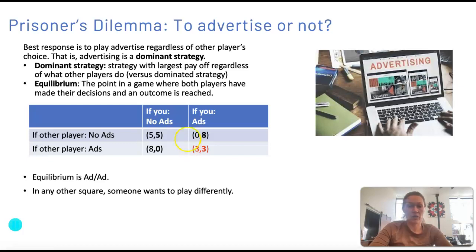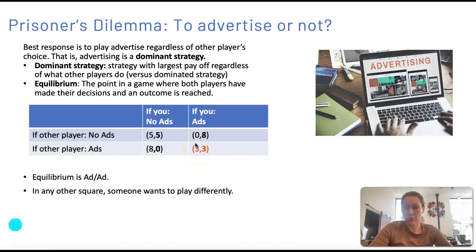And while the socially optimal outcome is for everybody to not advertise because both of you have higher payoffs in that scenario, you can't trust your competitor to not advertise. And so you know that you will advertise.